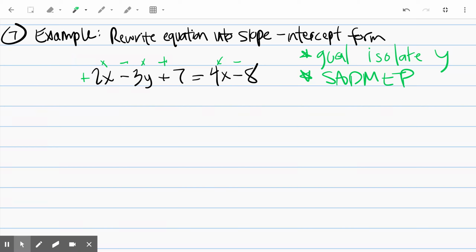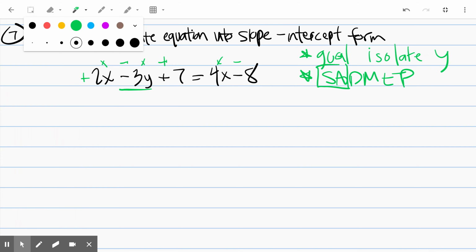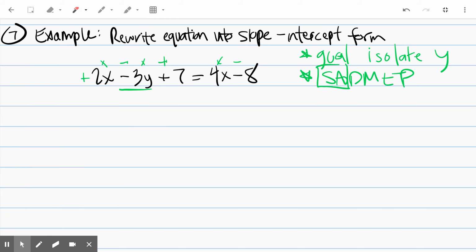Again, we're going to undo any term that's being added or subtracted first, okay? Any term that's being added or subtracted to the y term. So, first thing, should we go Christmas colors? Sure, why not?